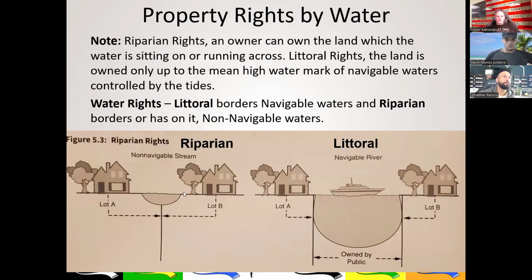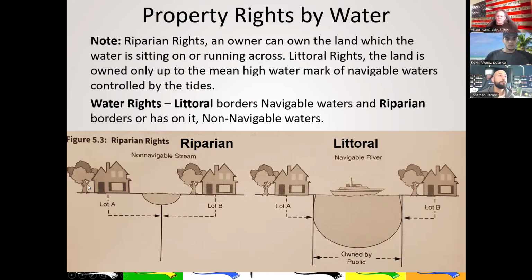Here we have an image where we have a riparian waterway and a littoral waterway. Littoral is a navigable river. You have a boat there. And non-navigable water or streams of two properties, we have lot A on the left and lot B on the right. If two properties are separated by a stream, the center of the stream becomes the property line.